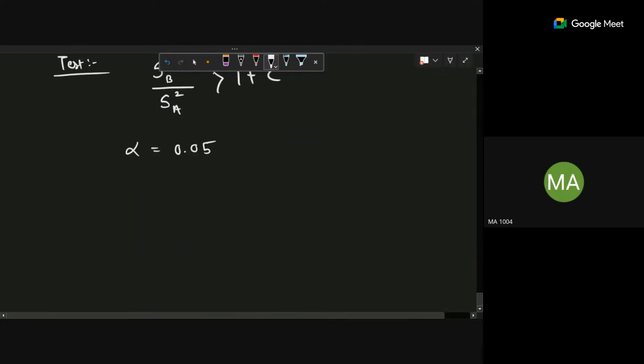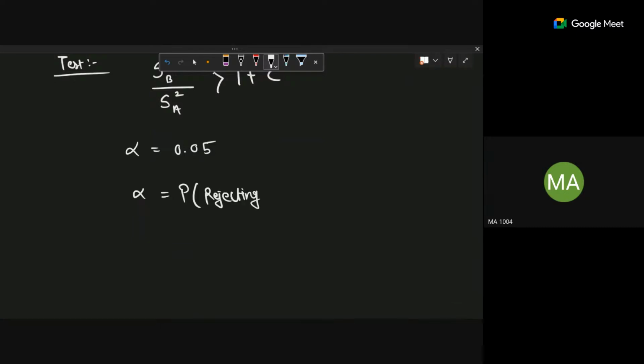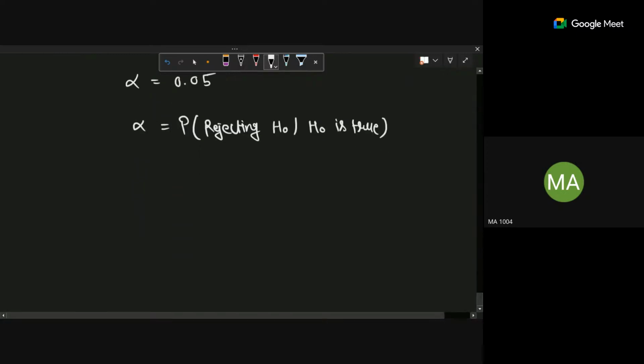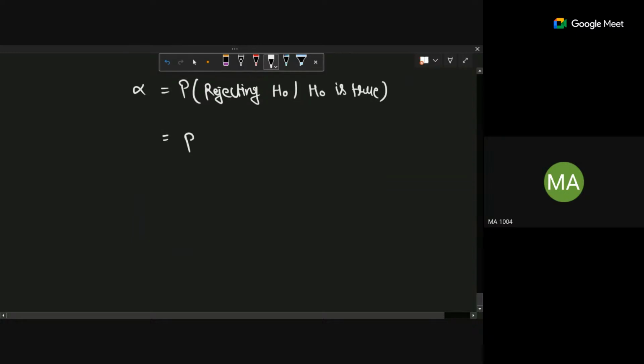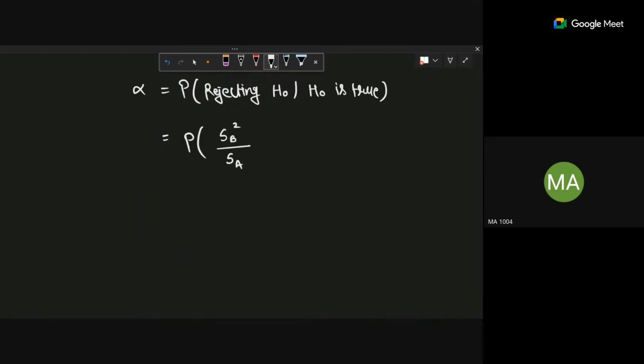So if we say alpha is the probability of rejecting the null when it was true, it will be something like the probability that SB square upon SA square will be greater than 1 plus C, when H naught was true.